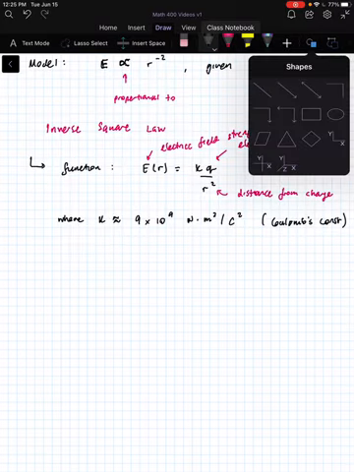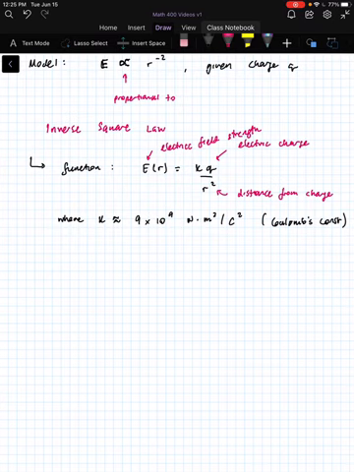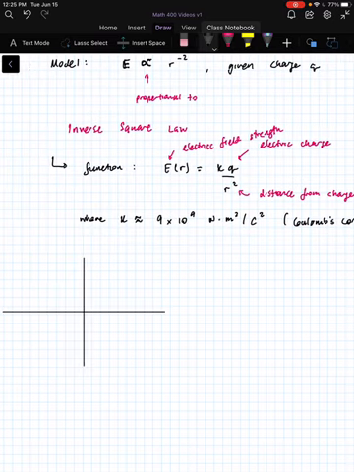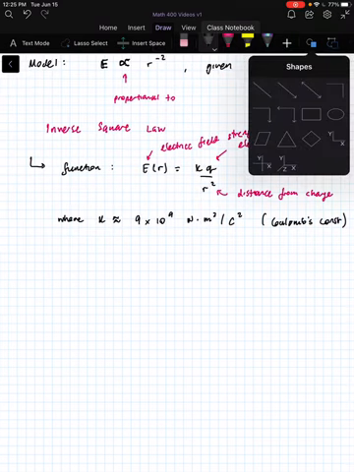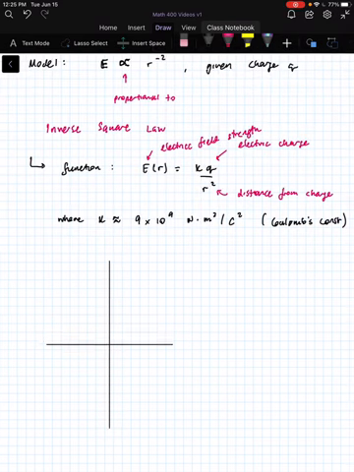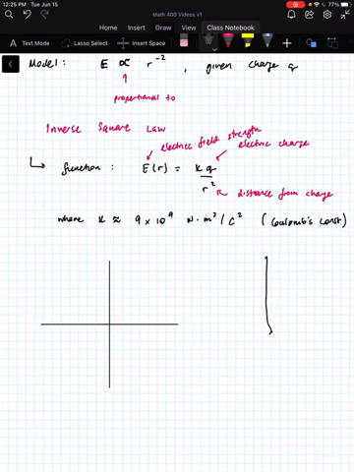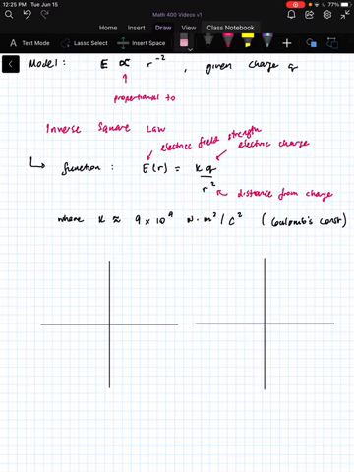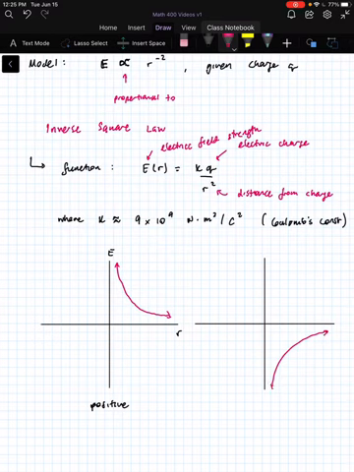And so we see that we actually get two different cases, if we're looking at positive charge or negative charge. So for a positive charge, we're looking at something that looks like this. And for a negative charge, it looks like this.